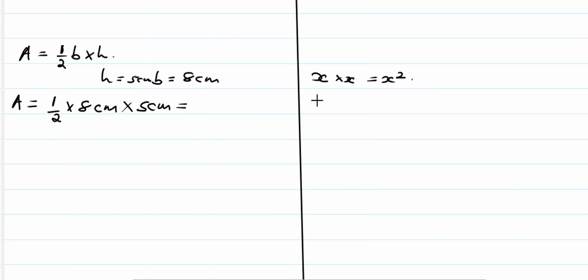Then it means if I take the centimeters for this base multiplied by the centimeters for this height, then it will be centimeter squared. So the units of area will always have a square. It can be meter squared, it can be centimeter squared, or another unit which will be used.